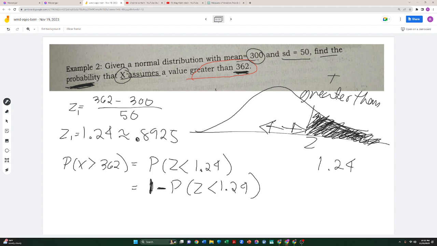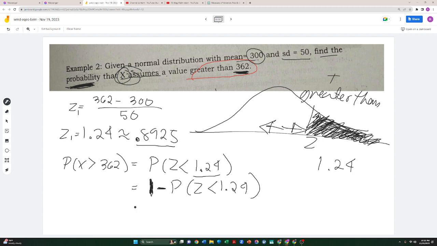So, we know already that kaning 362 naa siya 1.24. And kaning 1.24 is equivalent sa z table, which is 0.8925. So, pila daw ang probability sa mga x na mas dako sa 362. So, ang nabilin is i-minus nimo sa 1, because 1 represents 100%. So, 100% minus 89.25%, or 1 minus 0.8925.